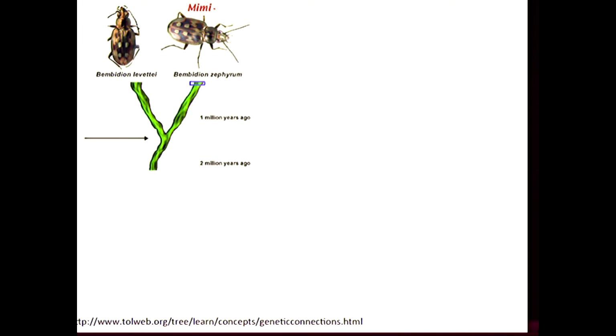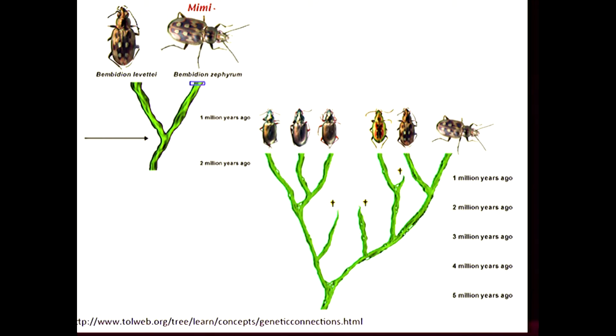So this splitting of what in the past was a single species into 2 species is known as speciation. One species is not turning into another species, but rather there's a branching process where some individuals in a population are acquiring changes that make them separate and different from the other individuals, and those ultimately become different species.